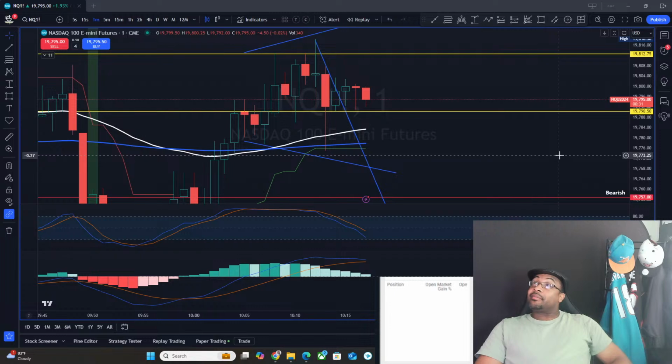It's trying. We're making a higher low again, if this thing doesn't liquidate the bulls here, as they try to stay above 800.